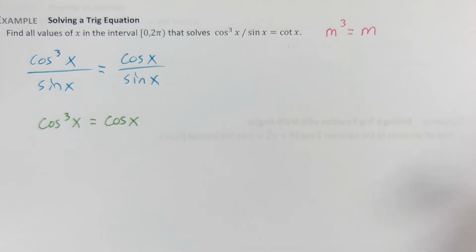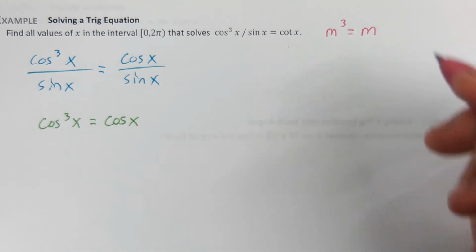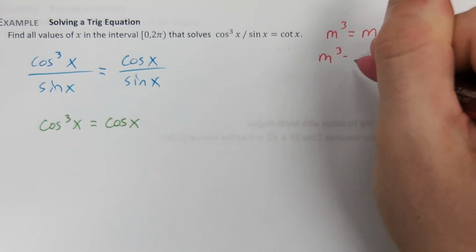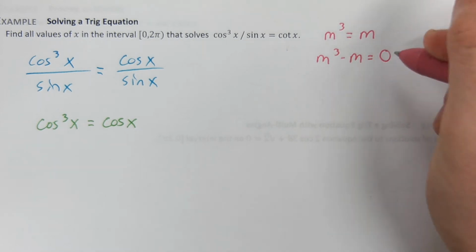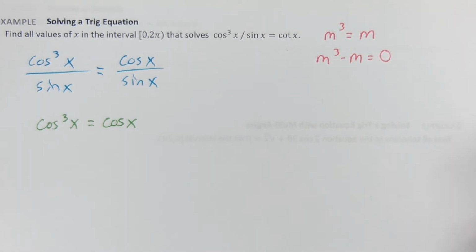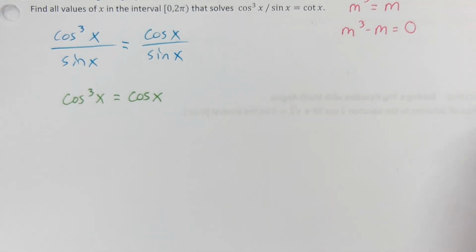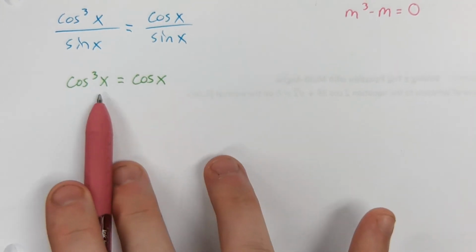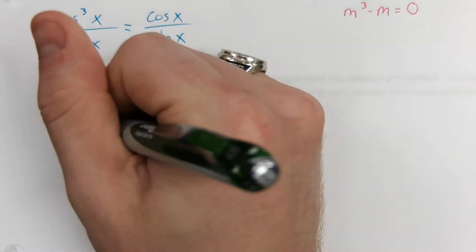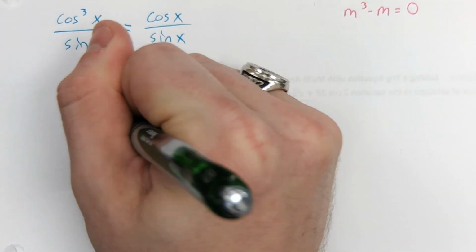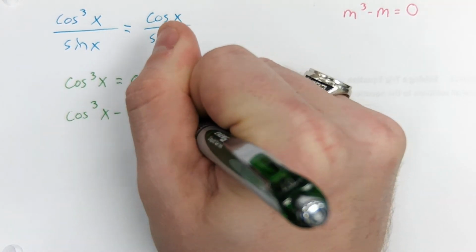When you have variables on both sides of the equation, you have to bring it all to one side and factor. Never divide by the object you are solving for, ever. It eliminates solutions. So the last thing we want to do here is divide by cosine x. No, what we want to do is subtract cosine x over to the left side. That'll give me cosine cubed x minus cosine x equals 0.